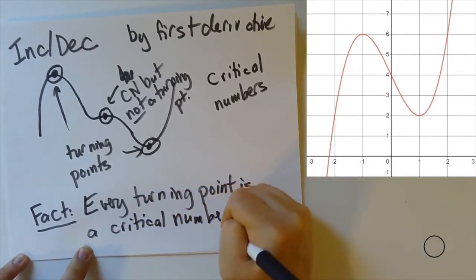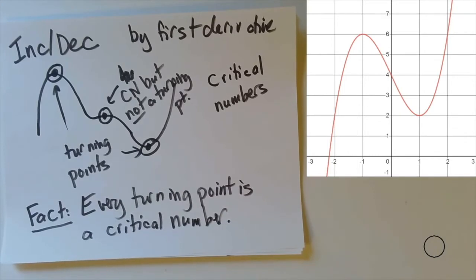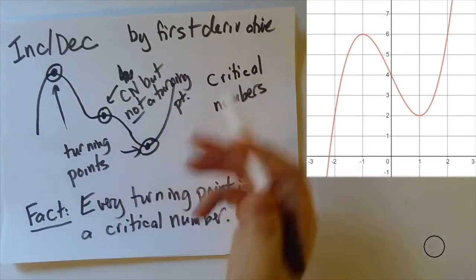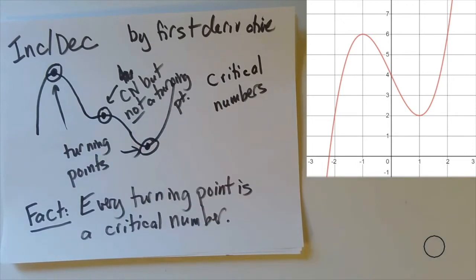But as a mathematician would say, the converse isn't true. There are critical numbers like this one that aren't turning points. So we have to sort those out. And we've talked a lot about how to do that before, and we encapsulated all of this as what we call the first derivative test.